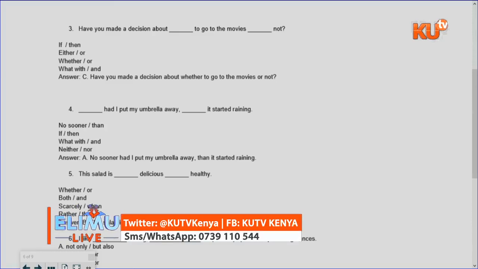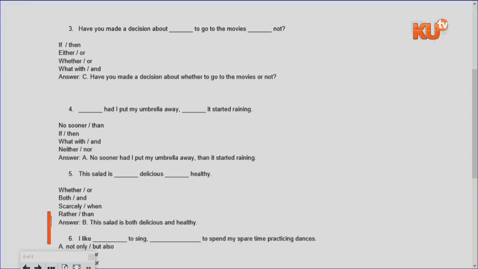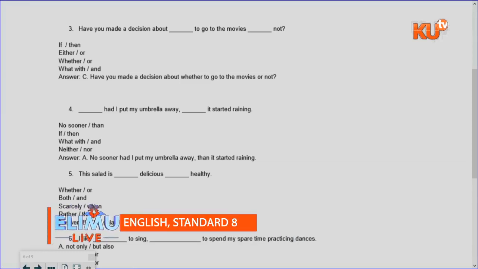It doesn't make sense. Have you made a decision either to go to the movies or not? Not really. Have you made a decision whether to go to the movies or not? Have you made a decision what with to go to the movies and not?